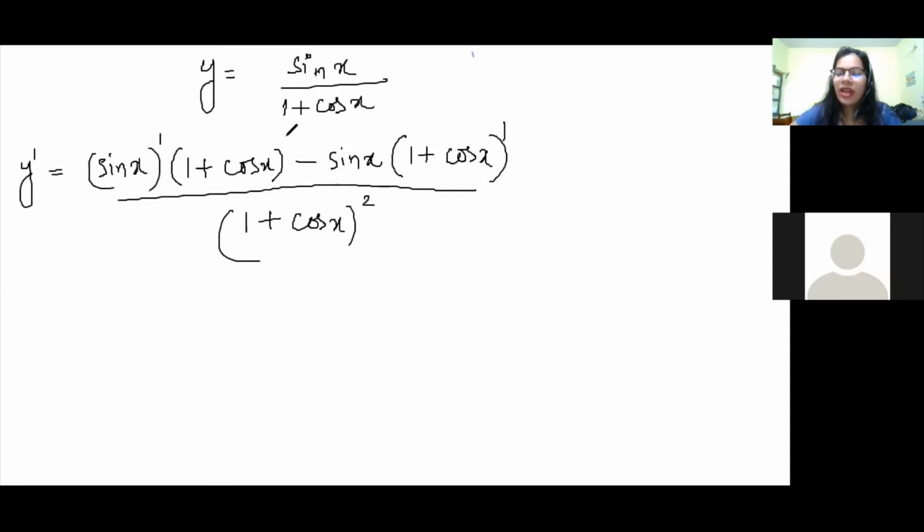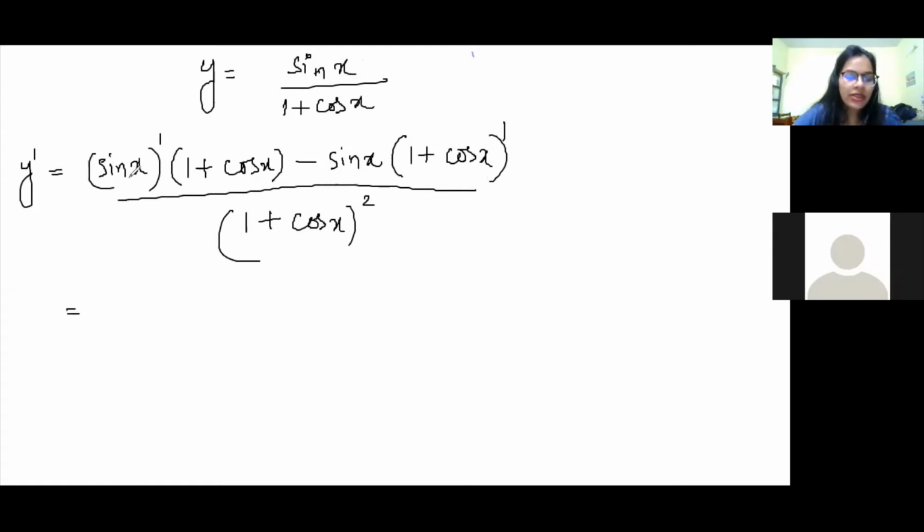Okay. So what I've done over here, differentiation of sin x into denominator minus numerator into differentiation of denominator divided by denominator square. So what will this become?